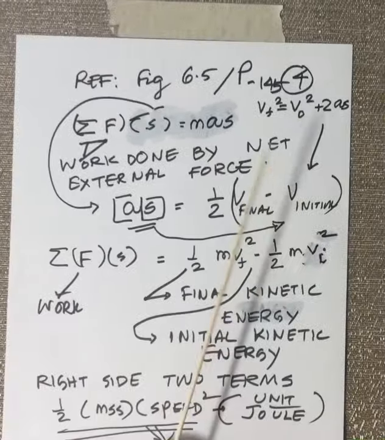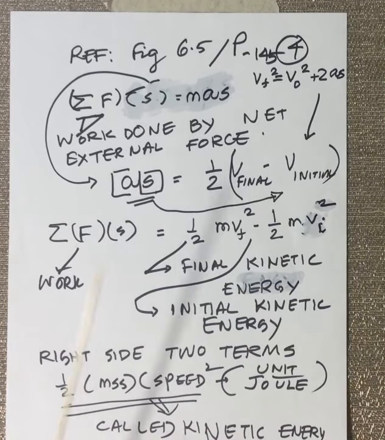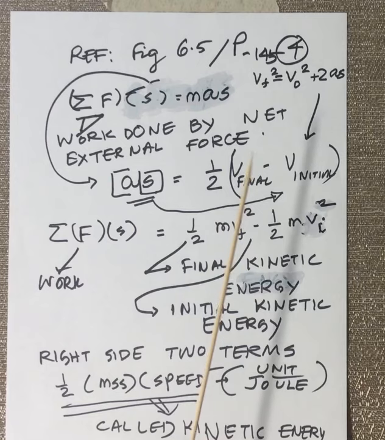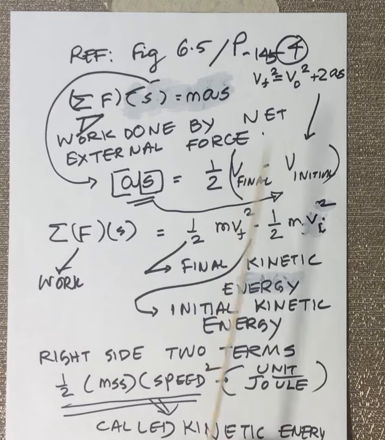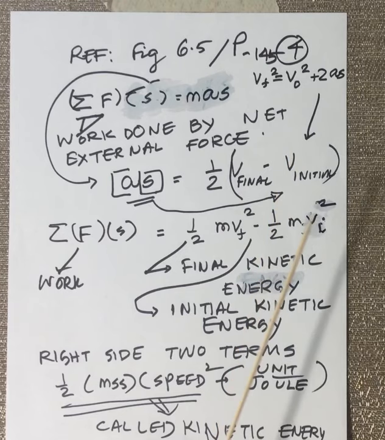So we can have, more precisely, as is half V final and V initial. I left the square sign out here. Actually it should be half V final square minus V initial square.